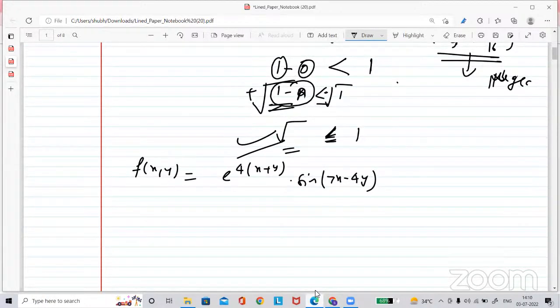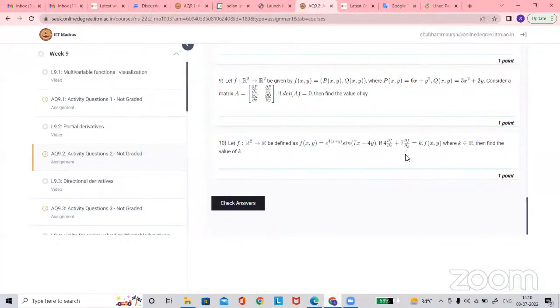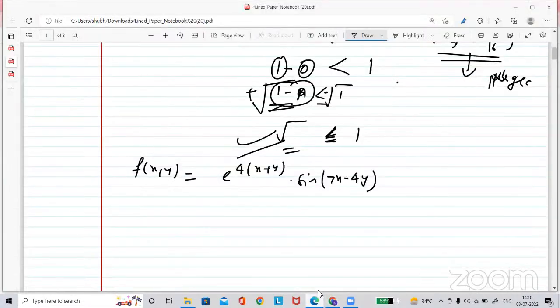Sir, they are only asking for the partial derivative in this, to find the first partial derivative. Yeah. So del f by del x. Here we see both are functions, this is the multiplication of two functions, and assuming y as a constant, both functions contain x. So we have to use the multiplication rule.